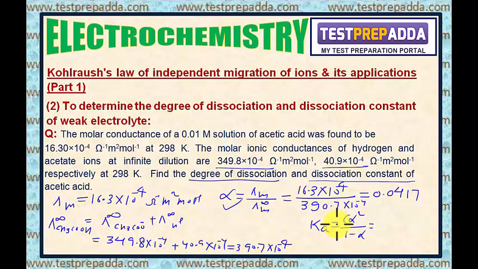So here if I substitute, concentration is given as 0.01 into 0.0417 whole square upon 1 minus 0.0417. If you want, you can neglect this with respect to 1. And if you solve this, the value comes as 1.814 into 10 raised to minus 5. This is the dissociation constant of acetic acid.